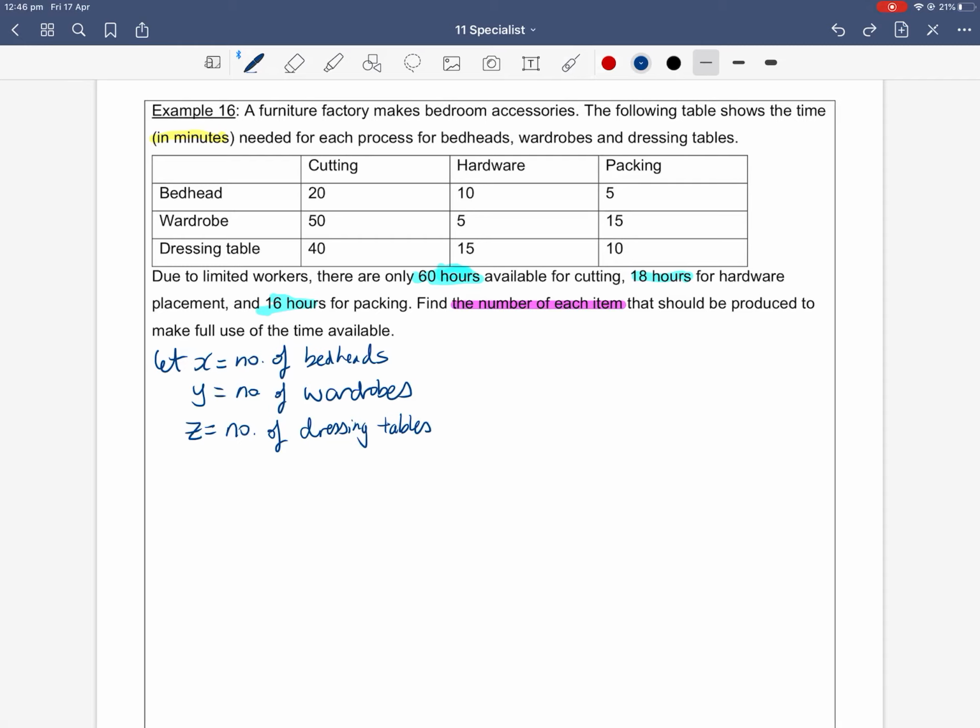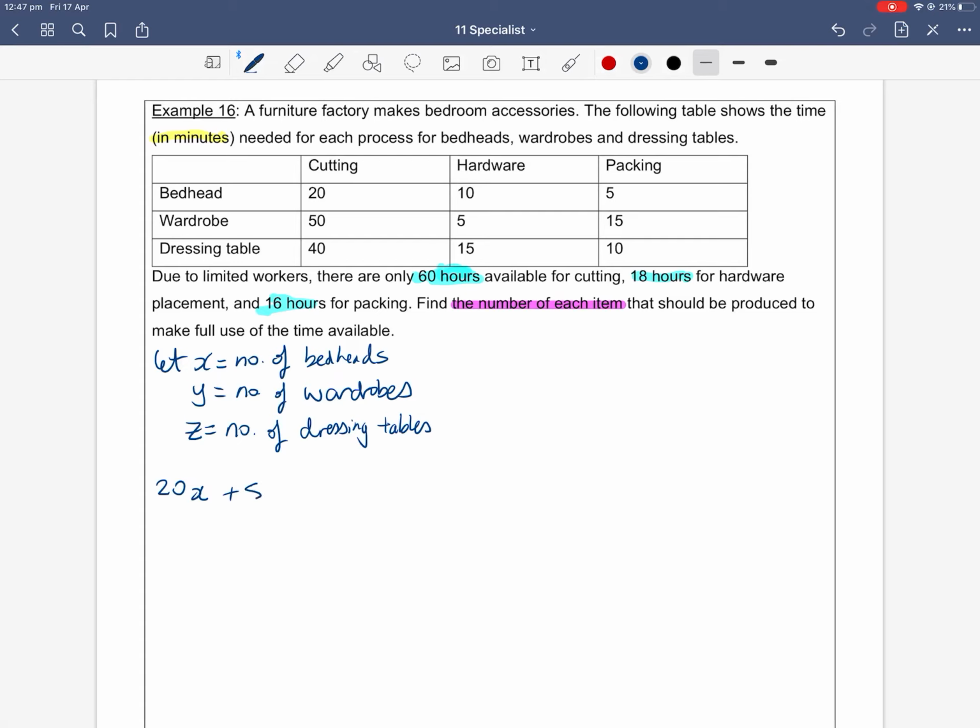Okay, so first of all, let's look at the number of hours for cutting. Well, we have 2 units, minutes or hours. Choose one to convert and stick to. I find it easy to work in minutes because minutes is a smaller unit. So let's work in minutes. In terms of cutting, it takes 20 minutes for bedhead, 50 minutes for wardrobes, and 40 minutes for your dressing table.